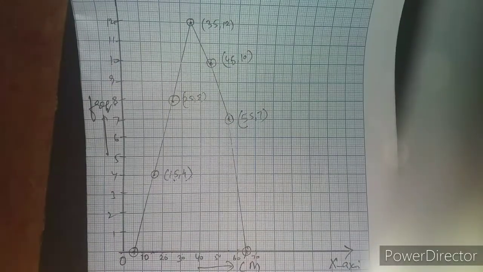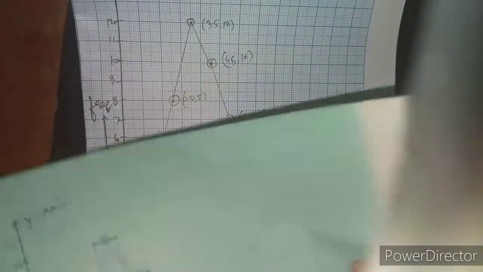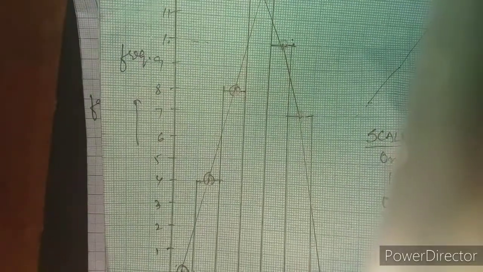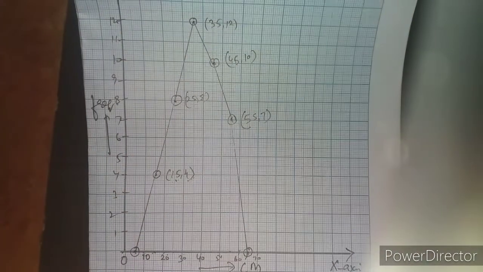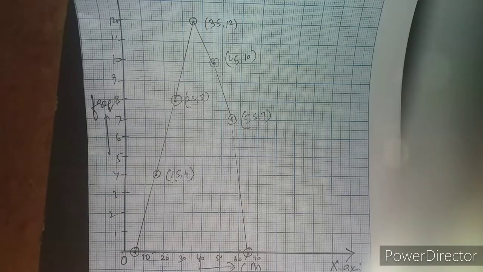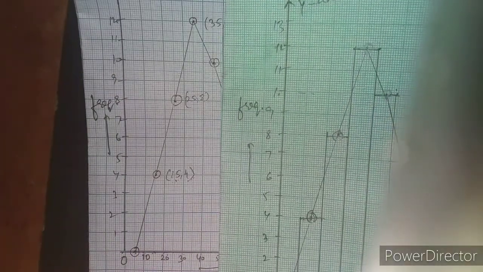So students, let us compare both the pictures now. First one was by using the histogram, which we got like this, and the second one with the same readings is here, which we got without using a histogram. Okay, so these are two methods of plotting the frequency polygons.